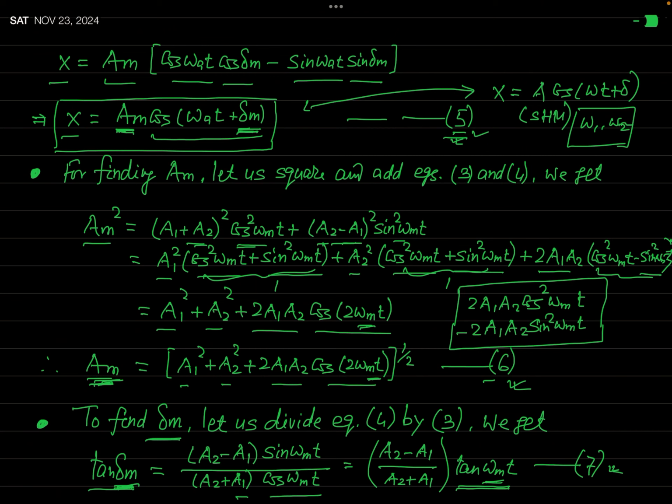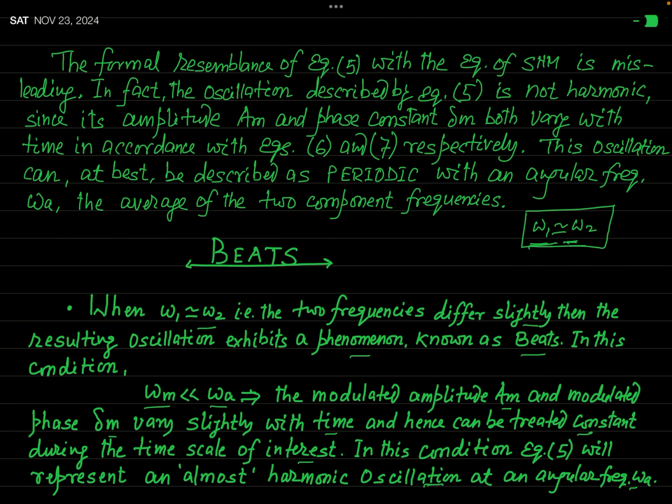If you want to find what are the times at which AM will be maximum and what are those times at which AM will be minimum, you can look at equation 6 carefully. AM will have a maximum value when cos of 2 omega m t is maximum. Only then AM will be maximum.